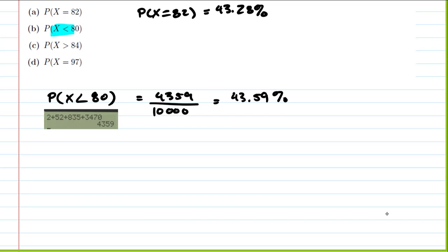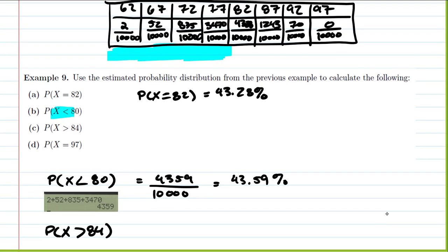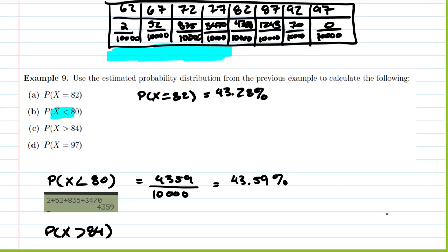So the probability that x is less than 80 is this. All right, so now we want the probability that x is greater than 84. So bigger than 84, that's going to be this guy. Bigger than 84 is going to be the last 3 boxes.